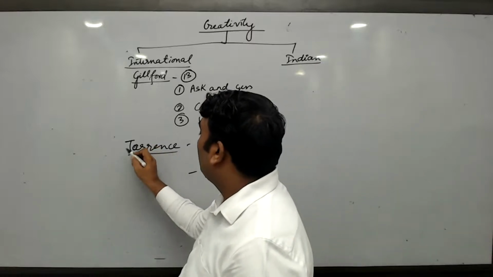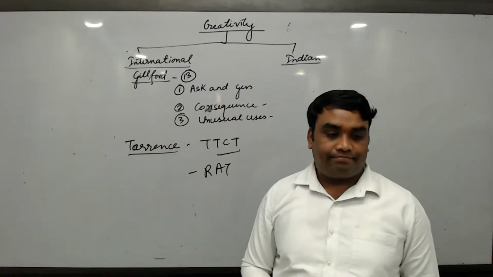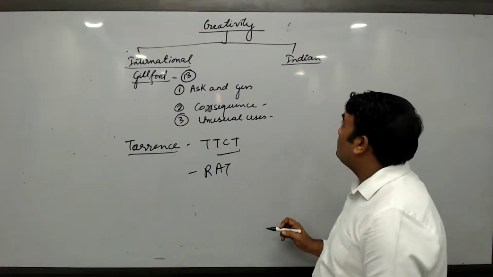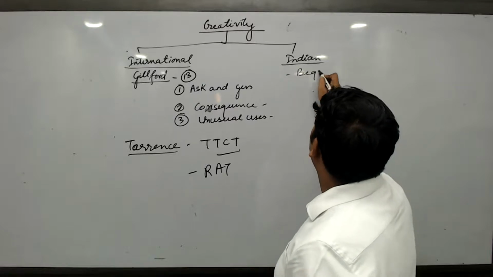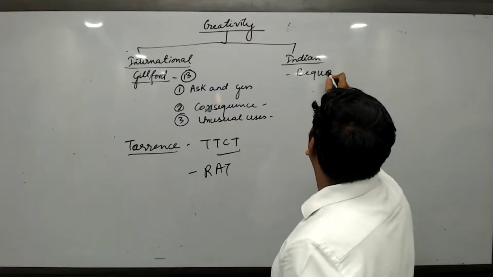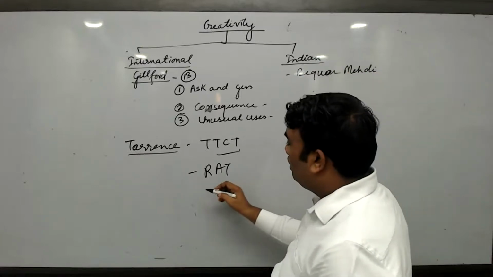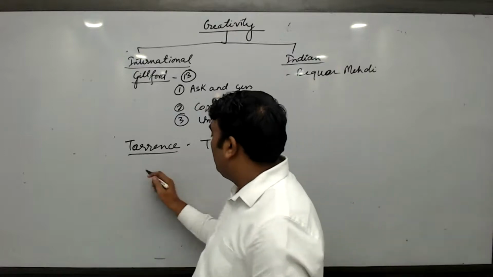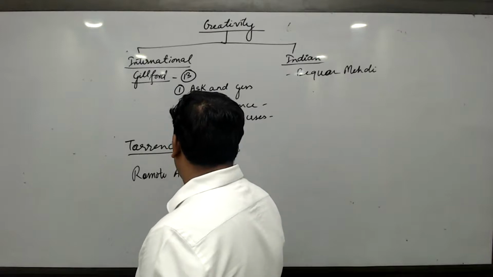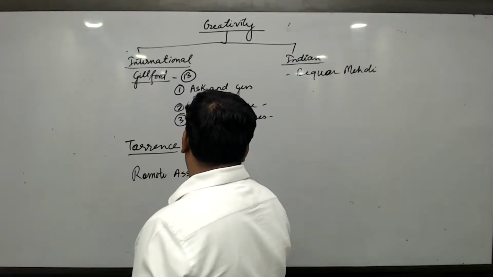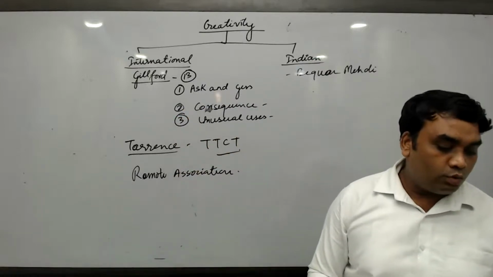Other is an Indian test, like Baqer Mehdi's. RAT is separate from Torrance. Here is the Remote Association Test.